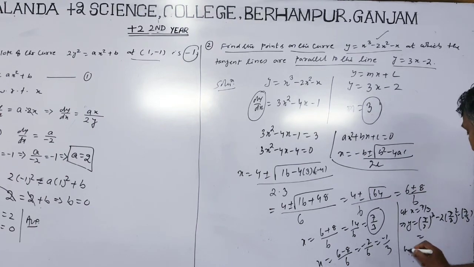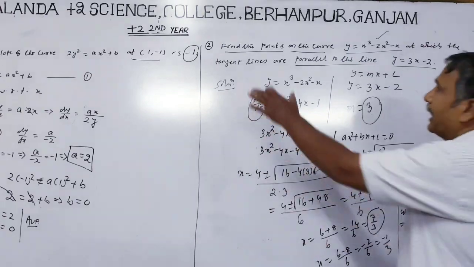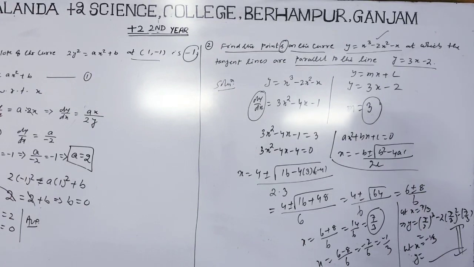Another is at x equal to minus 1 by 3. What is y? Find out. Now this is the answer. Find the points; points means more than one. At x equal to 7 by 3, y equals, after solving you will get the answer. Now second one at x equal to minus 1 by 3, what is y? Find out. Now this was the question.